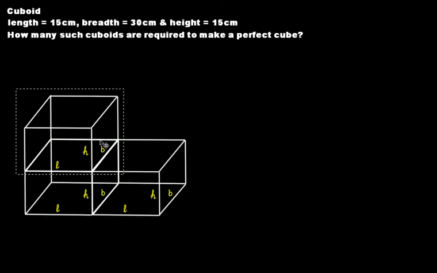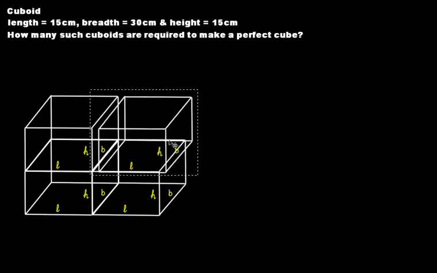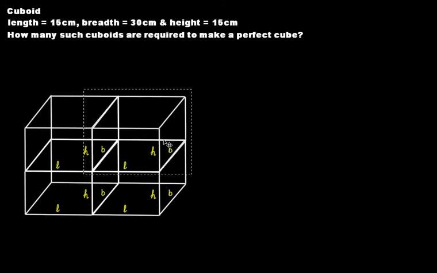Now we have three cuboids, and now we have the fourth cuboid. If you attach them like this, you get a cube.